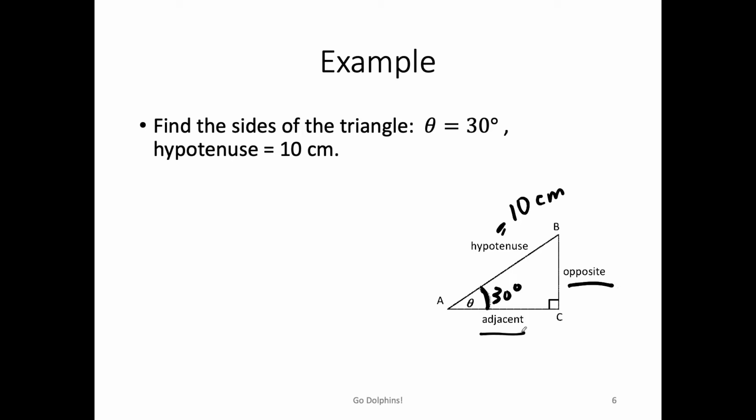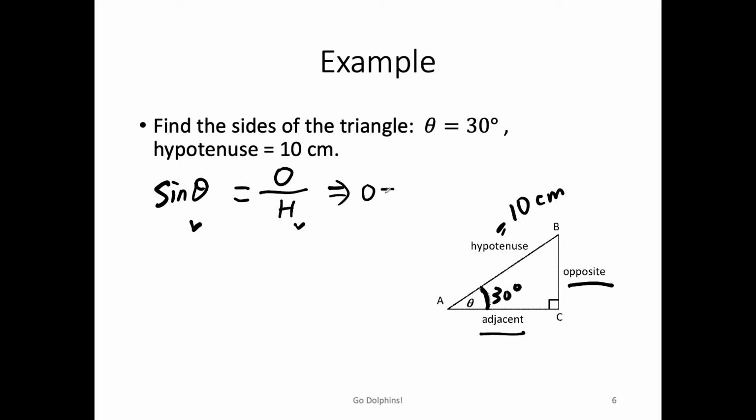If we want to find the opposite side, you need to build an equation that has the hypotenuse and this angle theta and the opposite side. So what is opposite side over hypotenuse? It should be sine theta. So you already have an equation where you know theta and the hypotenuse, and you can solve for your opposite side.